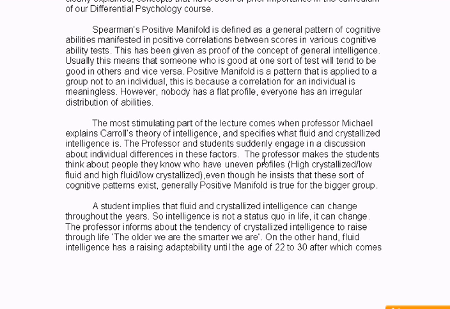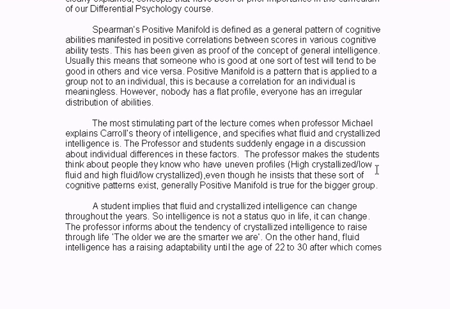The professor makes the students think about people they know who have uneven profiles: highly crystallized, low fluid, and high fluid, low crystallized.